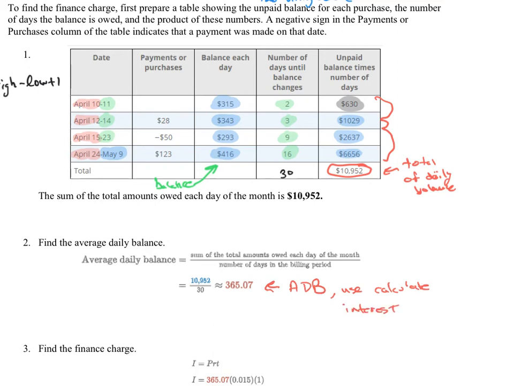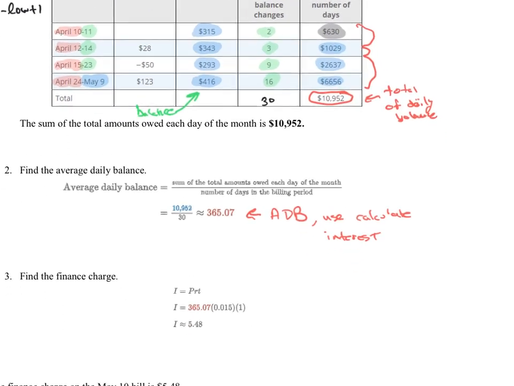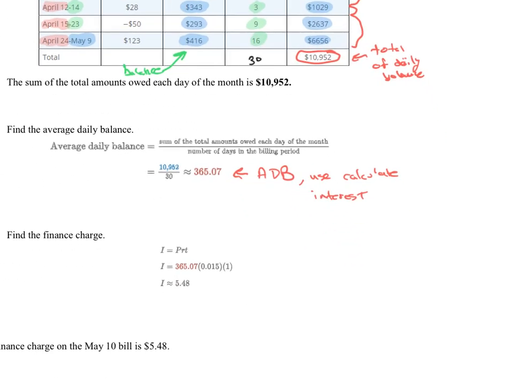So how are we going to calculate interest? Because it's for one month, one small period of time, and because we have a monthly interest rate, not an annual interest rate, I'm going to use the simple interest formula, I equals PRT. P here is always going to be your average daily balance. R here is going to be your monthly interest rate as a decimal.